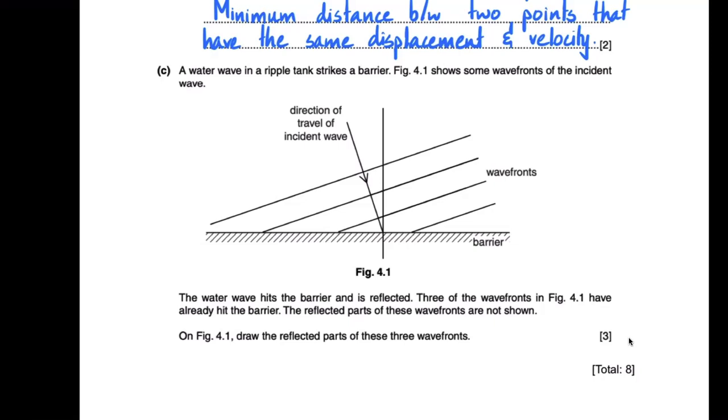So for example, if I need to make of these 3 wavefronts which have already struck here, I can make this one, right? So as you can see by symmetry, this is basically the reflected part of this one. So this one is this one right here, right? So this and this angle also visually seems the same.